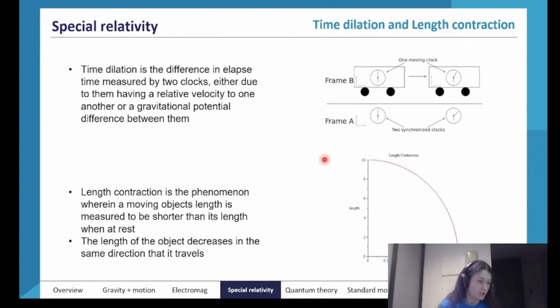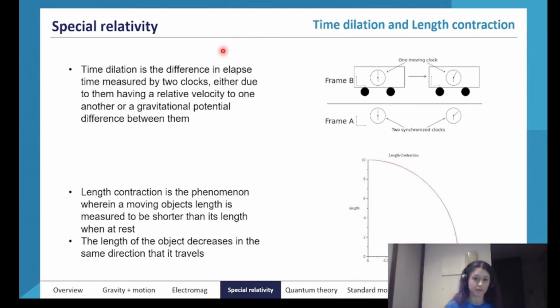Length contraction is the phenomenon wherein a moving object's length is measured to be shorter than its length when at rest, and when the length of the object decreases in the same direction that it travels. So these are kind of like two symptoms of an issue that we'll get into.